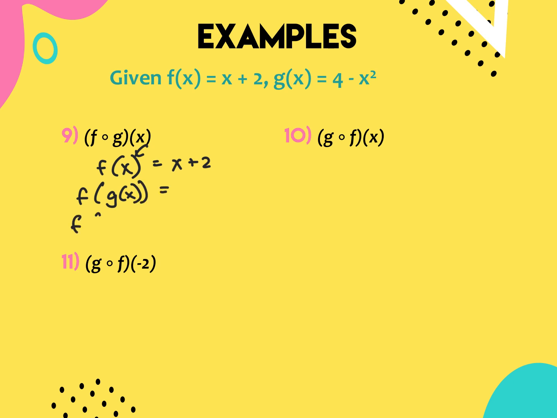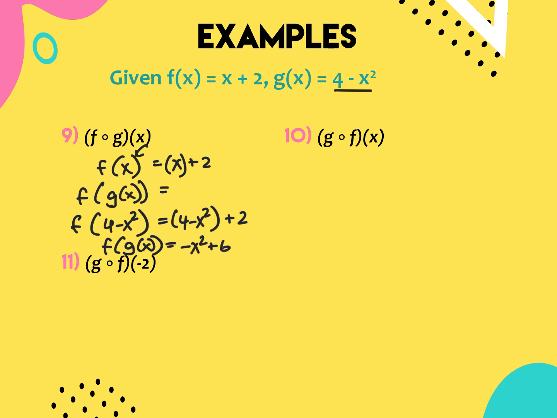What I'm subbing in here is whatever g of x is. I'm putting 4 minus x squared in there. And so when I go to my problem, whatever x is in my expression, I'm going to put 4 minus x squared in for x, and I'm just going to do the math. Okay, so f of g of x is going to equal minus x squared plus 6.